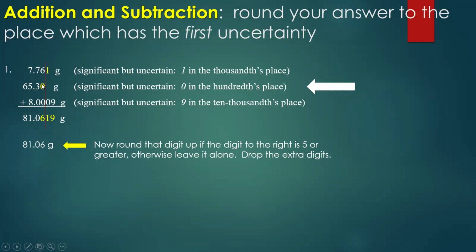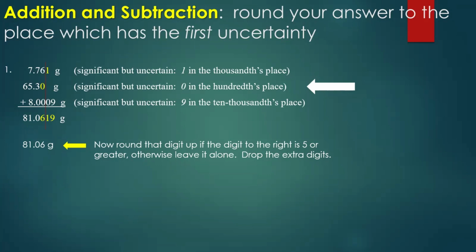So this 0 is in the hundredths place, and that needs to be the digit that we stop with. That's our first uncertain number, and we can only have one uncertain digit with our significant figures. So we need to stop at the 6.